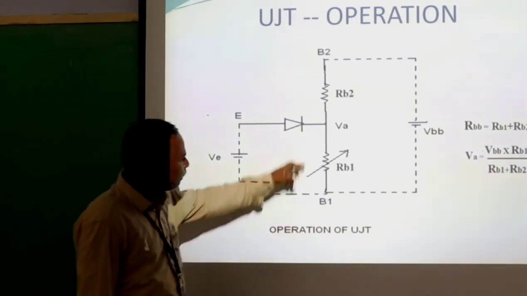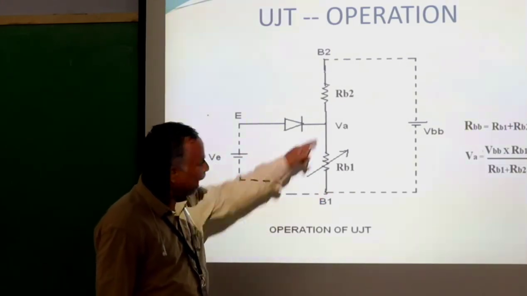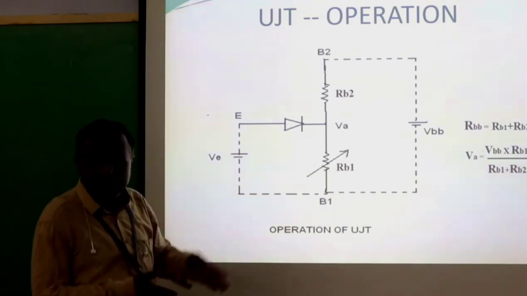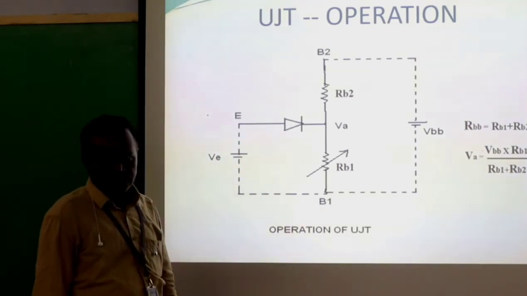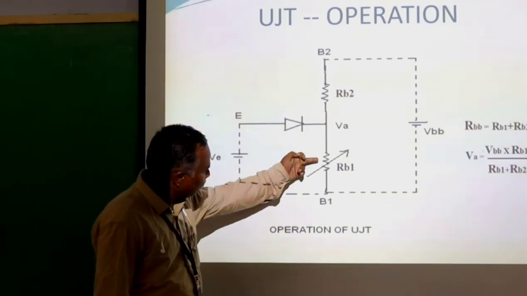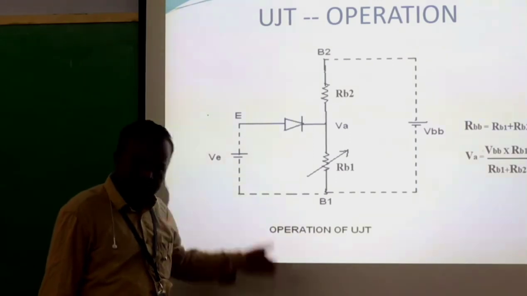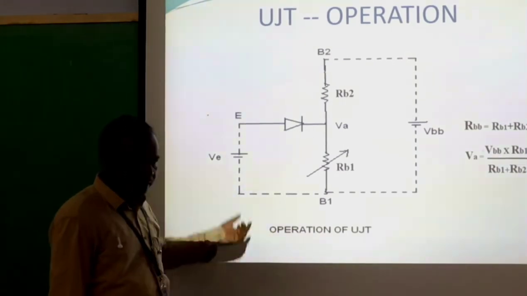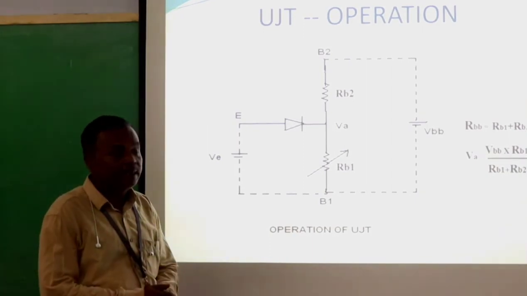Due to the accumulation of the holes, the resistance between the point A and B1 suddenly decreases. This is called negative resistance. Whenever the resistance decreases, the current also increases even as the voltage is reduced. This continues up to a certain level, that is the peak point.